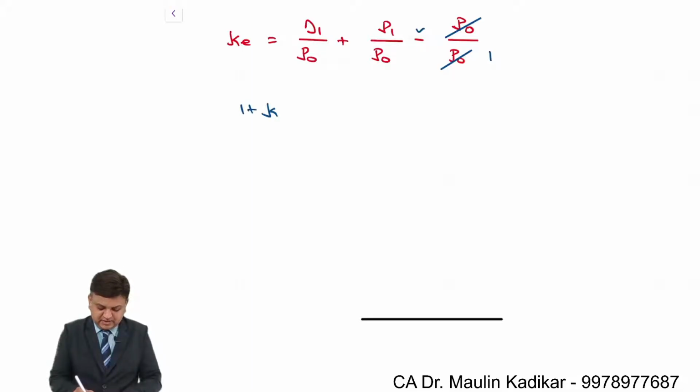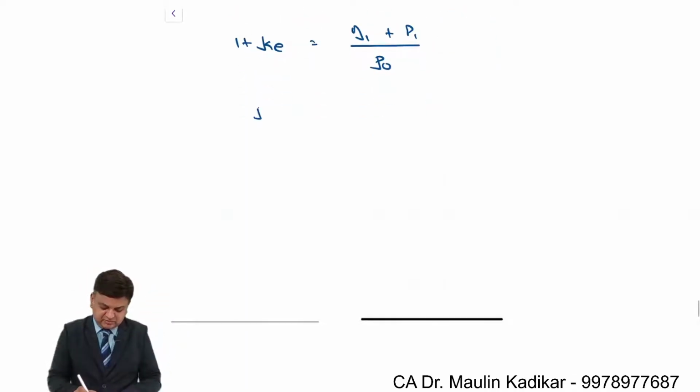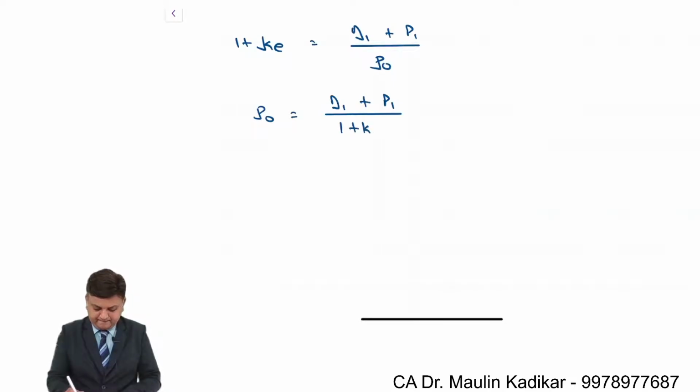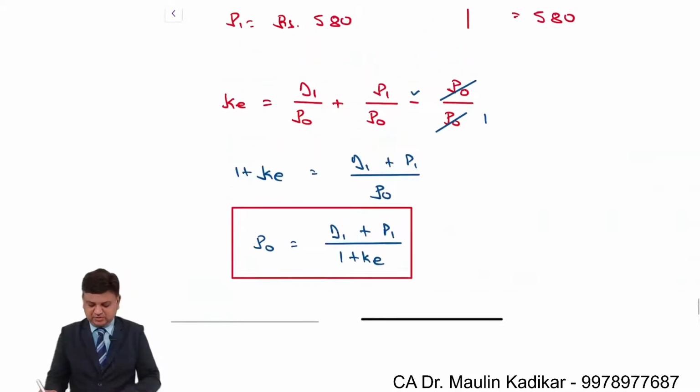So 1 plus K is equal to D1 plus P1 divided by P0. P0 is transferred to the left hand side. So P0 is equal to D1 plus P1 upon 1 plus K. And that is the way we can form this equation.